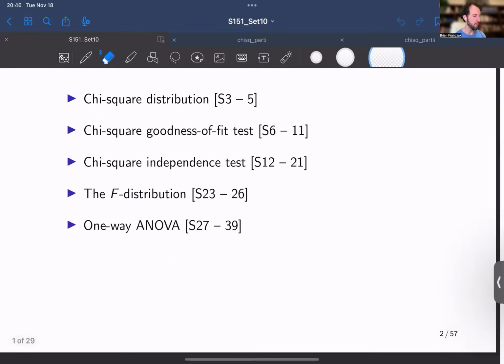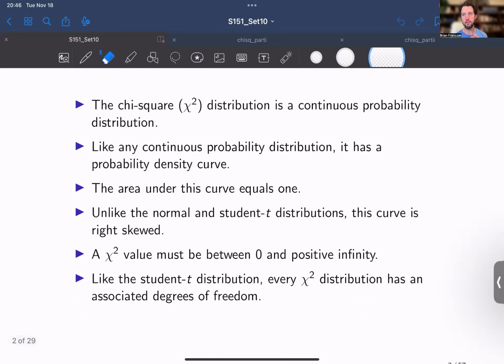Before we do that, I just need to talk a little bit about the chi-square distribution. We have learned about the standard normal distribution and the student t distribution, two continuous probability distributions. We did talk about other discrete distributions earlier in the course.